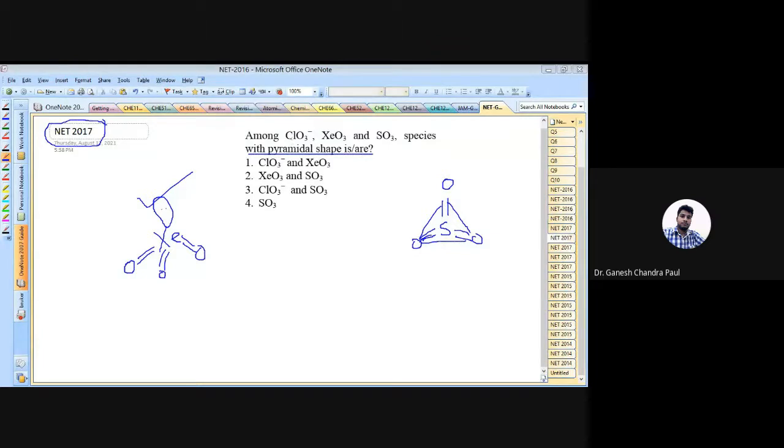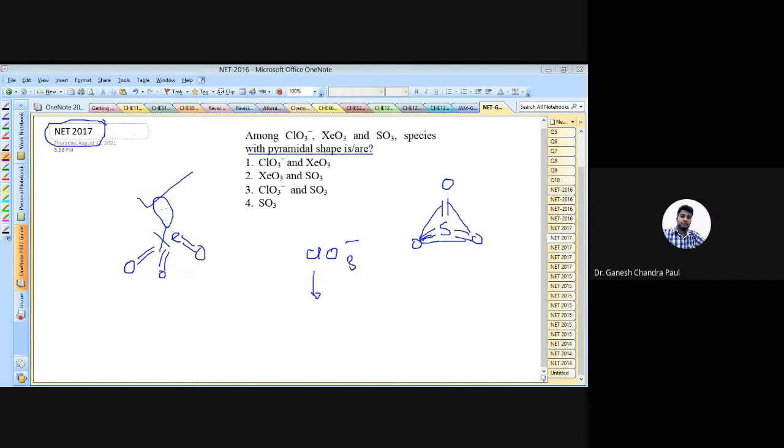And finally, the last one, the chlorate ClO3 anion. What is the structure? ClO3 minus. The central atom is chlorine, with three oxygens.